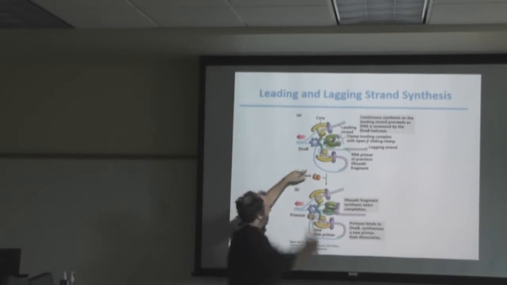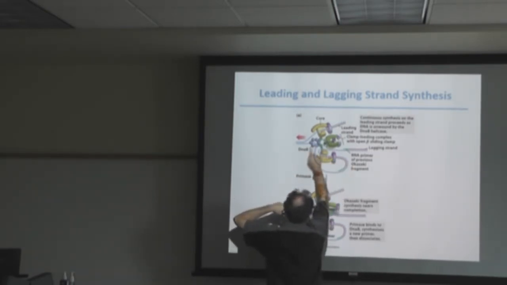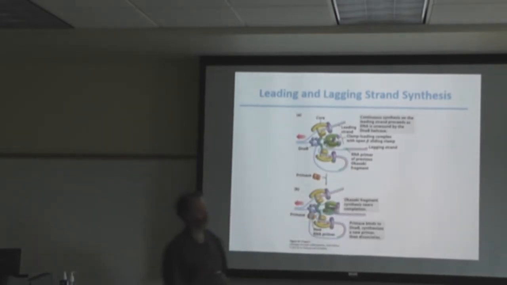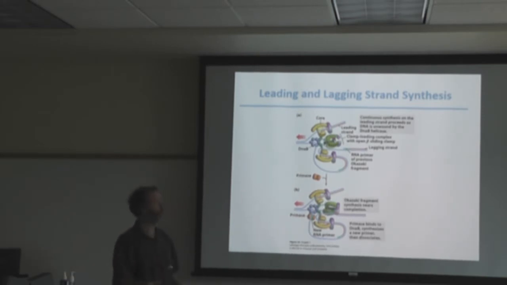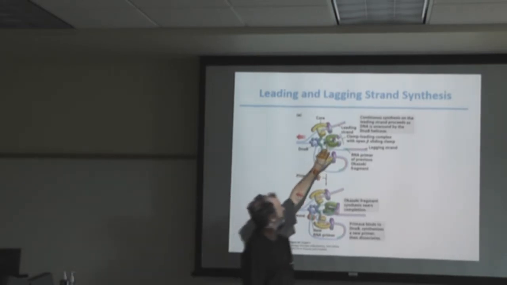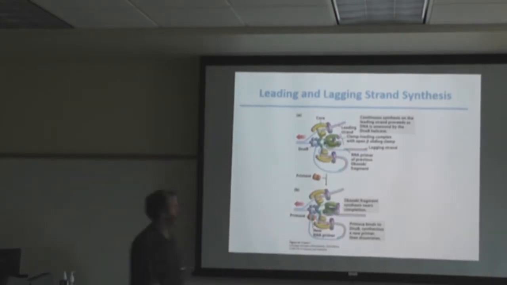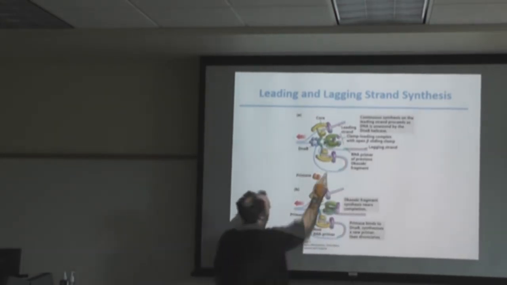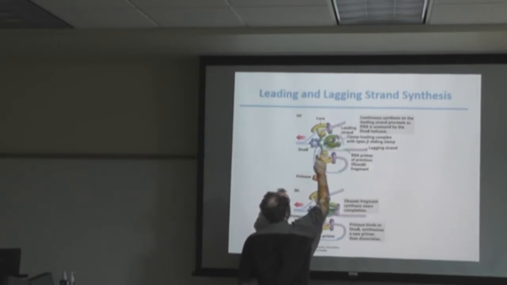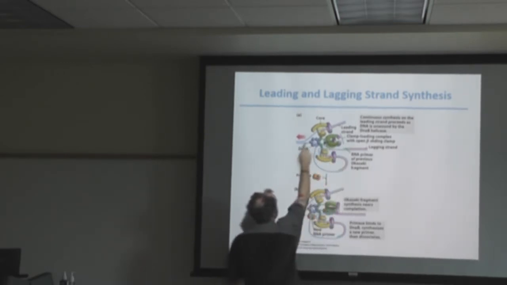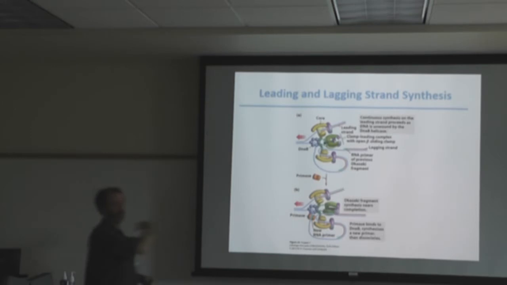But for the lagging strand, it has to be looped around, and you add new DNA polymerase as it loops around continuously, right? Because it's going to add from this direction back, so it can't go with the bubble. You kind of have to keep adding DNA polymerase complexes onto that.